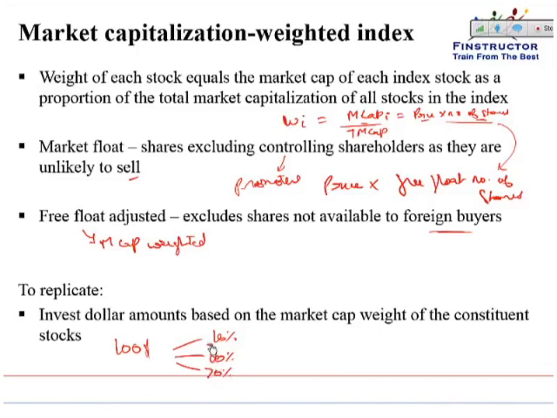Then put $10 in stock 1, put $20 in stock 2, and put $70 in stock 3. So put your money in proportion to the market cap weights, the same proportion as the market cap of that company relative to the total market cap of the index.